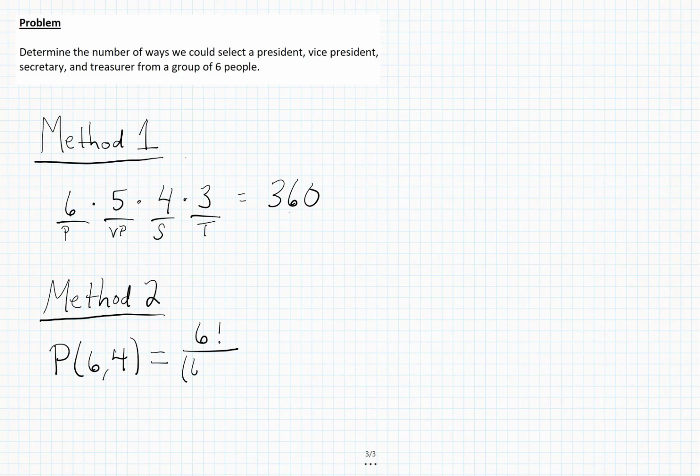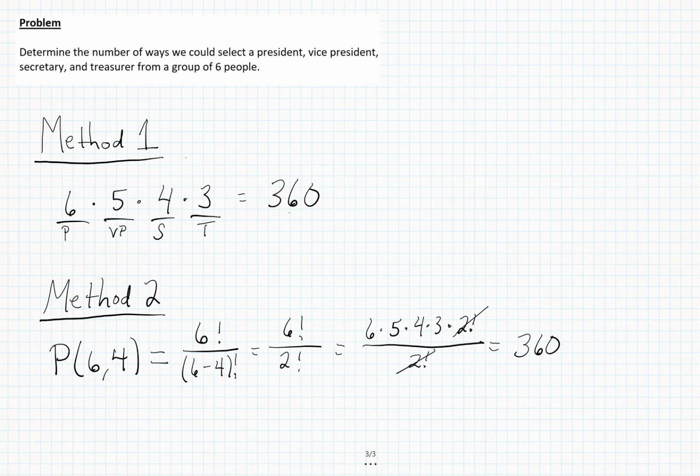So this becomes 6 factorial divided by the quantity 6 minus 4 factorial, which is 6 factorial over 2 factorial, which is 6 times 5 times 4 times 3 times 2 factorial. The 2 factorials cancel in the numerator and denominator, leaving us with 360 as our final answer. And this gives us a nice approach to solving problems in the future involving permutations.